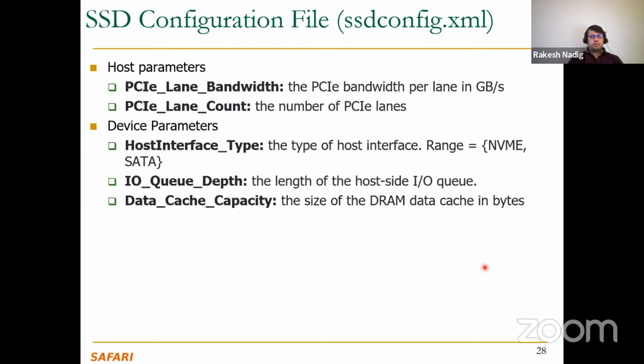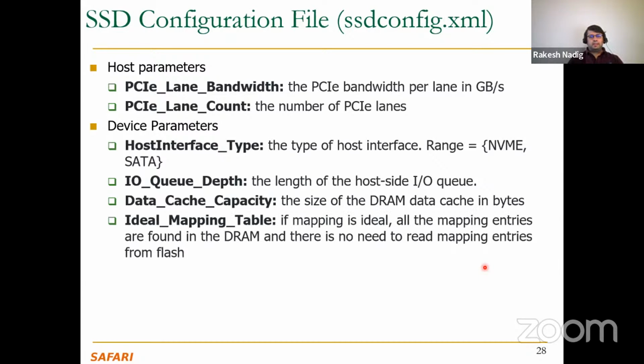And we also have the data cache capacity, which is the size of the DRAM data cache in terms of bytes. Then we have something called the ideal mapping table. So, as I mentioned earlier, we have a cached mapping table to store some of the entries of the logical to physical address translation in the DRAM cache.